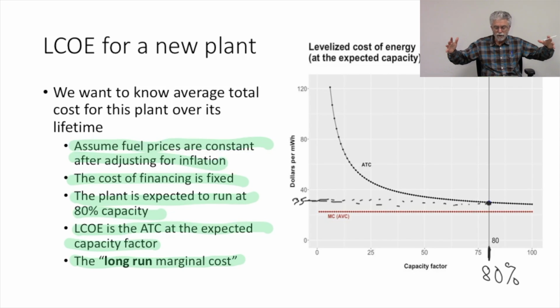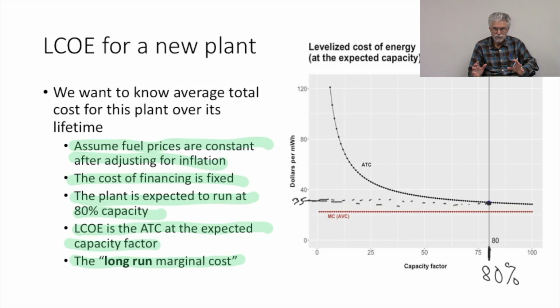So if we're going to be running this plant at 80% on average for its entire lifetime, then the levelized cost of energy is going to be, at least for the plant I have pictured here, something around $35. That's the sum of its average fixed cost and its average variable cost over the lifetime of the power plant.